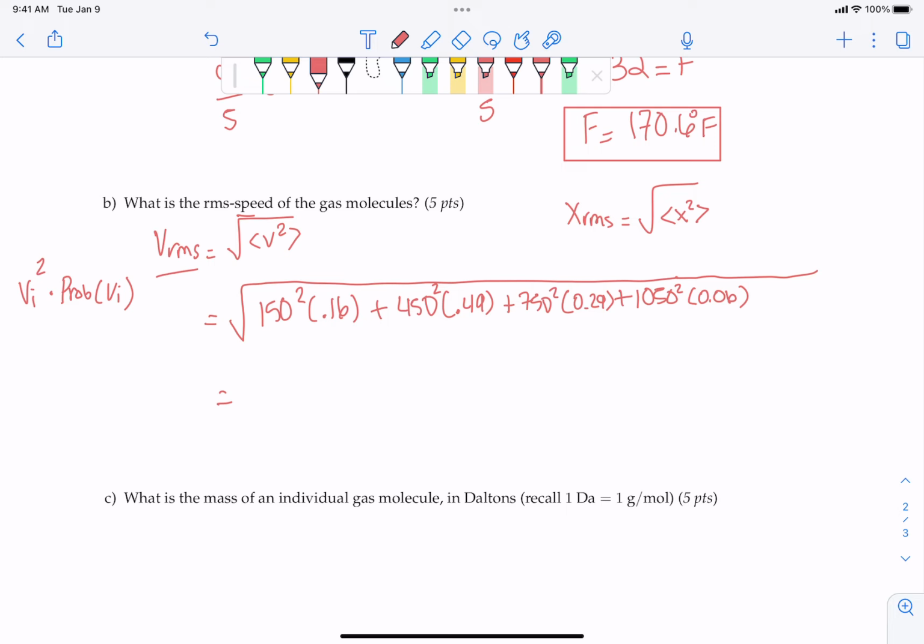Let me check my math, because I got a little bit off from that, or a lot off. I got around 576, 576.3 is what I got. So I would check and make sure you didn't mess up a decimal point here or there or something like that.